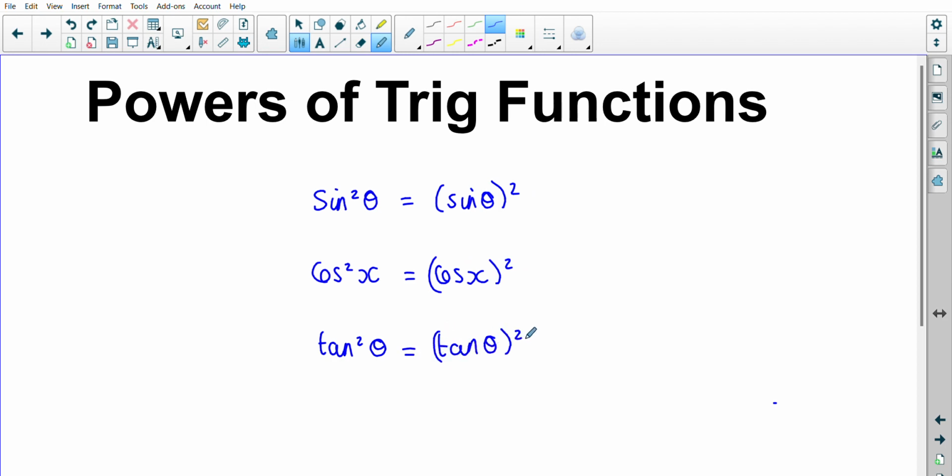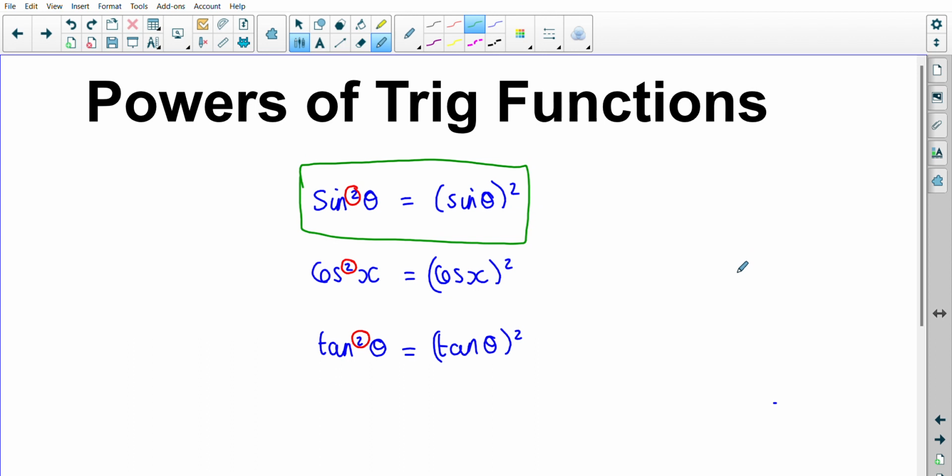So it's having a sine theta squared, a cos x squared, a tan theta squared. And mathematicians can be quite lazy, so rather than having to write the brackets with the power, if you see a power in between the trig ratio and the angle, you know you've got a sine theta squared, etc. Okay, so make sure that's in your notes if it isn't already. They are equivalent.